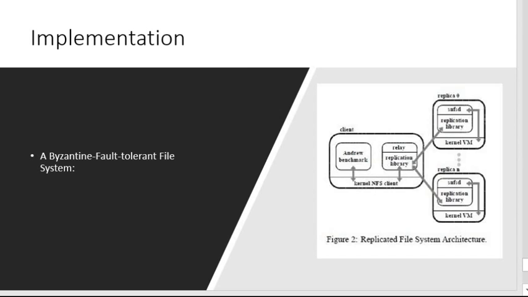Initially, the client will send the request messages to all the replicas, like we can see replica 0, replica 1, up to replica n. After sending all the request messages, it undergoes the three-phase protocol: pre-prepare, prepare, and commit.